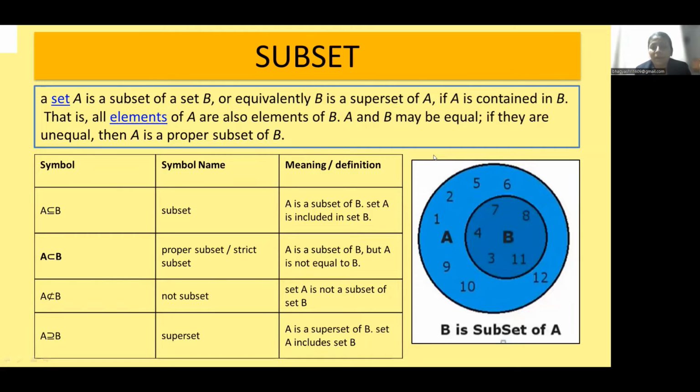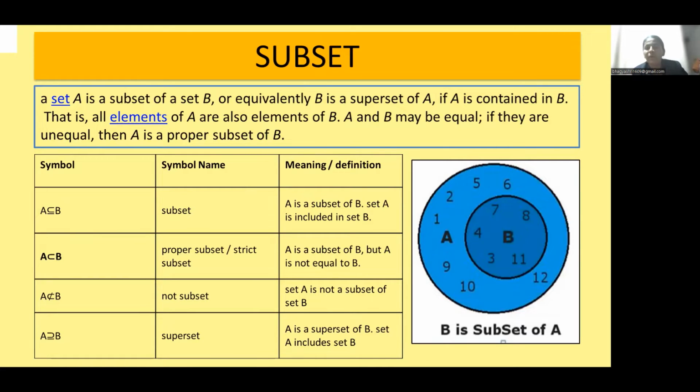Now see this table. In the first column there is a symbol, then in the second column the symbol name, then the meaning or definition. The first symbol is A is a subset of B, the symbol for improper subset.